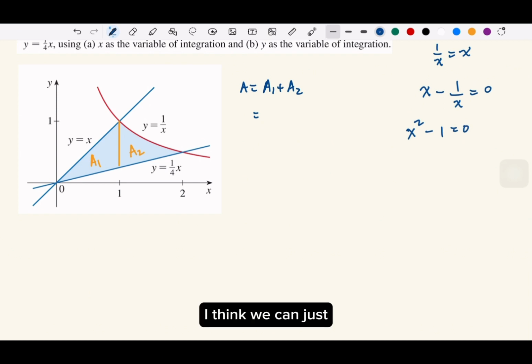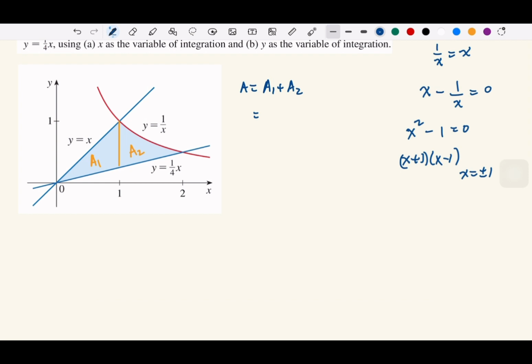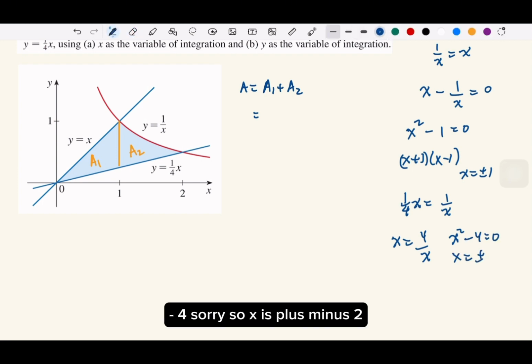Solving this, x squared minus 4, so x is plus minus 2. Okay, so we have 1 and 2.